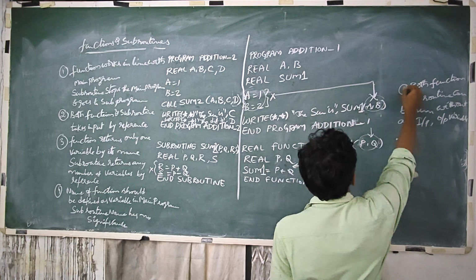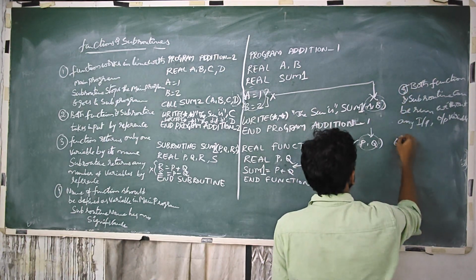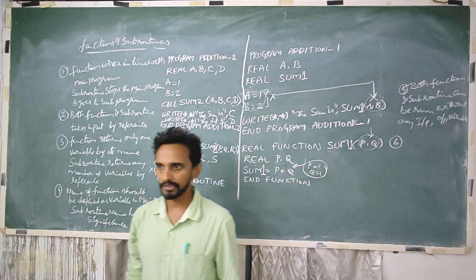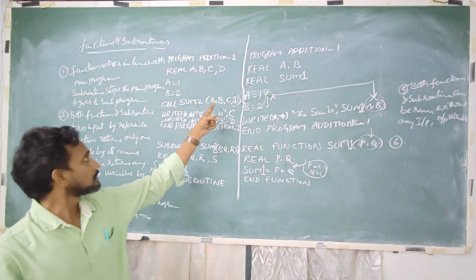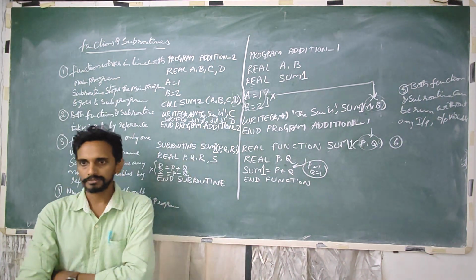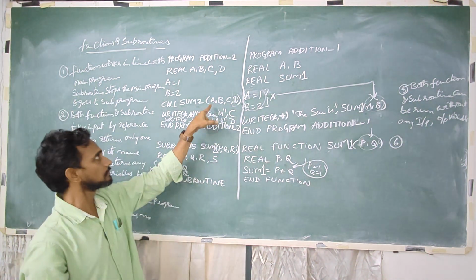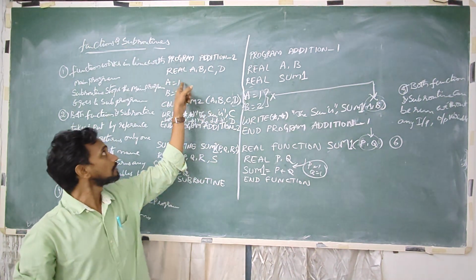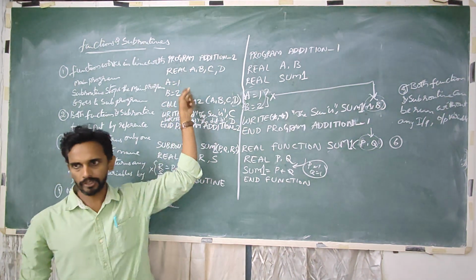And so if not defined in the main program, the additional variables in the subroutine will be considered as output variables. Here we are considering 4 variables in the subroutine, but we have defined only 2 variables in the main program.